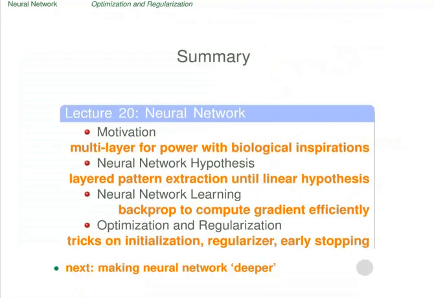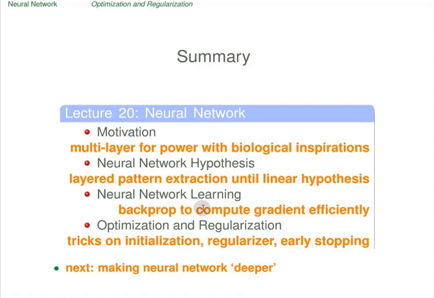In today's lecture, we have introduced the motivation behind neural networks. They are inspired by the structure and the function of our brain. We defined the neural network hypothesis as an extension of perceptron models in a multi-layered structure. Also, we discussed that the training of a complex neural network can be achieved using a backpropagation algorithm, which is based on propagating the gradient from the last layer of the neural network to the previous layers.